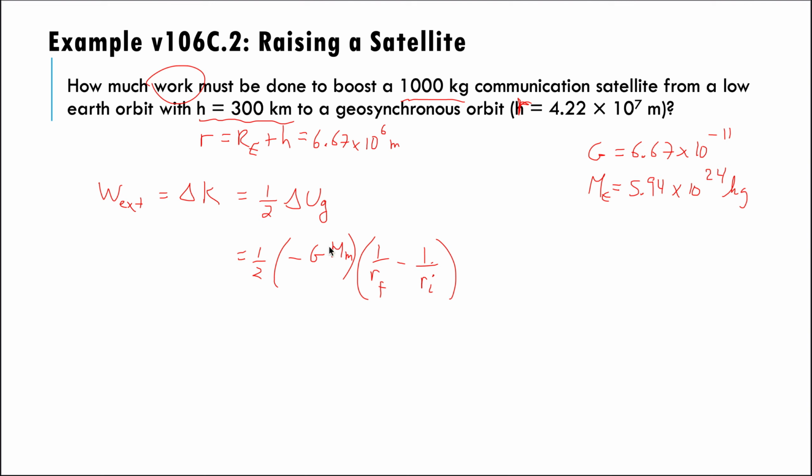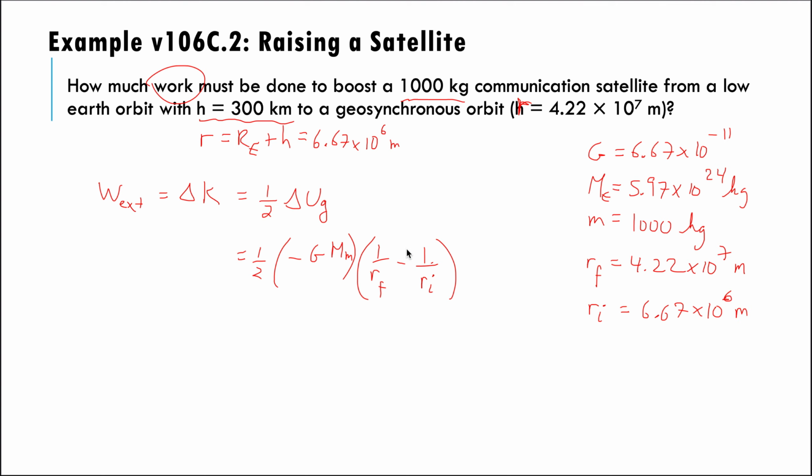And then the mass of the satellite is 1,000. And then the final orbit is 4.22 times 10 to the 7. And the initial radius is 6.67 times 10 to the 6.